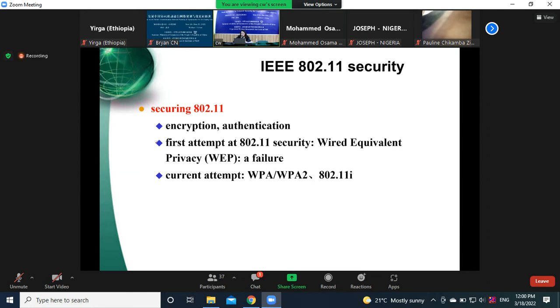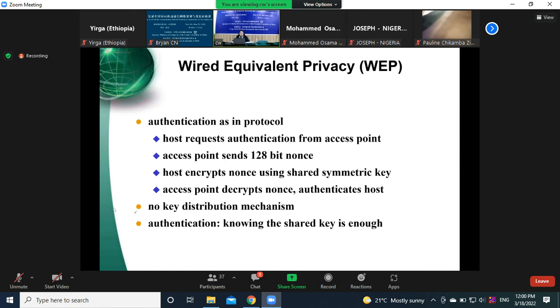They also use encryption and authentication. In this field, the first attempt at 802.11 security was WEP, which failed because it is very easy to attack. So in this way, they moved to WPA2 or 802.11i. Just now we said that WEP authentication works as follows in the protocol.